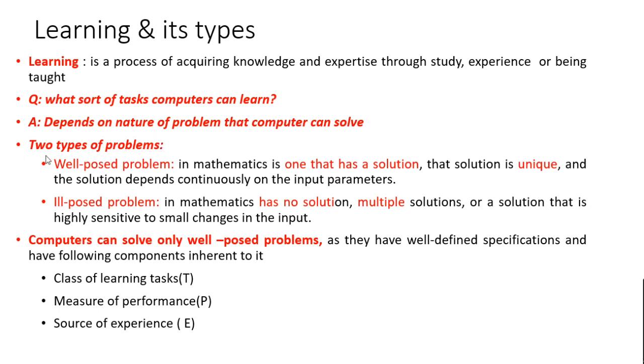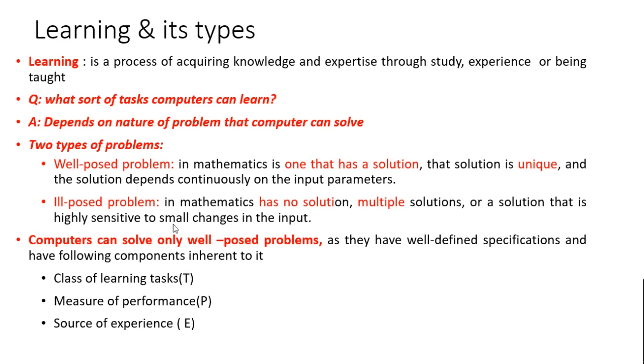Based upon that, there are two types of problems, right? One is called a well-posed problem and the second one is an ill-posed problem. See, a well-posed problem in mathematics is one that has a solution, the solution is unique, and the solution depends continuously on the input parameters.